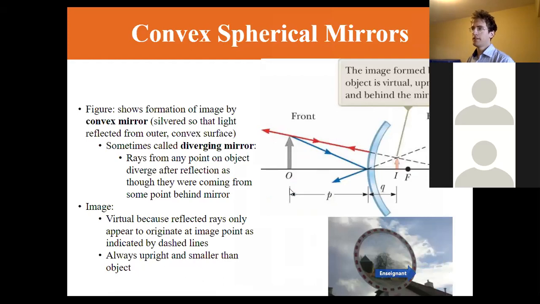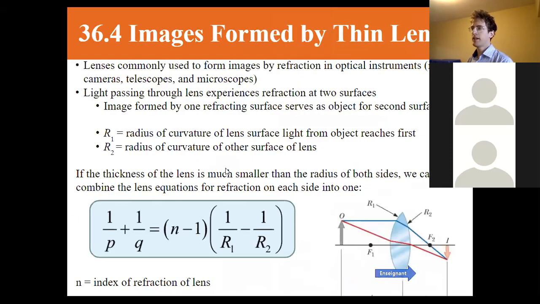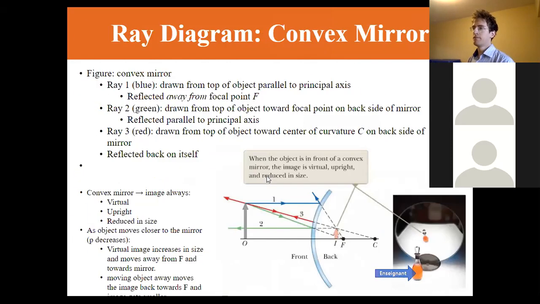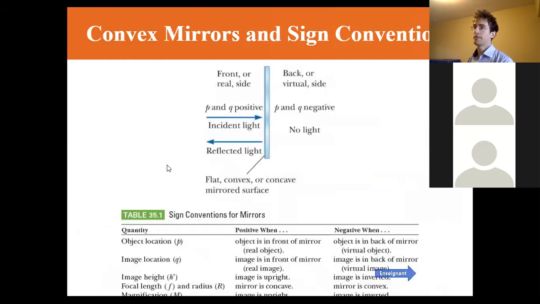So for a mirror, being on the same side as the object gives you a positive sign, but behind the mirror, that'll give you a negative sign for the image location and focal length.